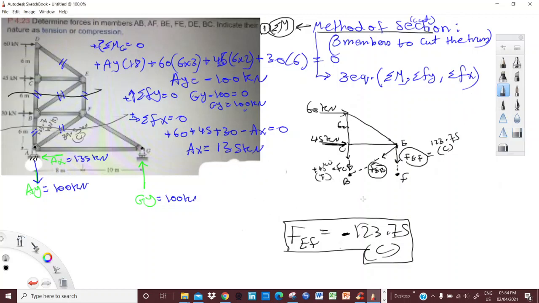Okay. So in order to find FEB, you have the long distance. CE is represented as 8 meter. If I cut here, this one is 8 meter from B to E, and from B to E vertically I have 6 meter.